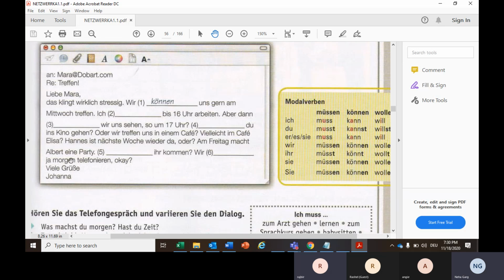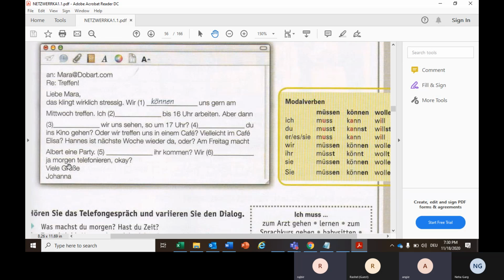Okay. So here, does this Morgen mean tomorrow or morning? Either tomorrow or morning, not tomorrow morning. Okay. So I'm asking, this Morgen means tomorrow or morning, not tomorrow morning.